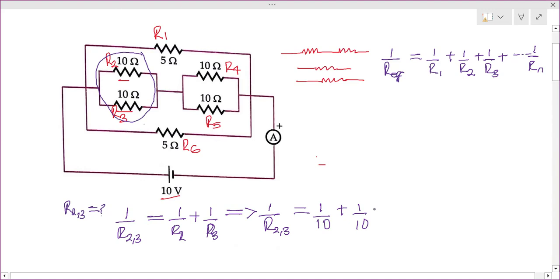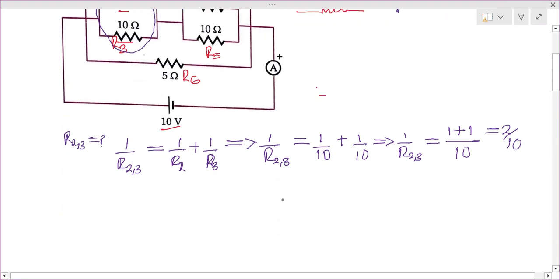So we are going to have 1 over R2,3 equal to, LCM is 10. 10 in 10 is 1, 1 times 1 gives us 1, plus 10 in 10, 1 times 1 gives us 1. That will give us 2 all over 10.